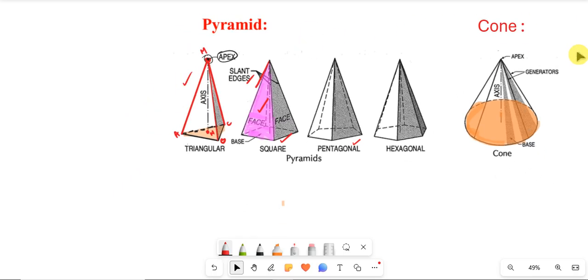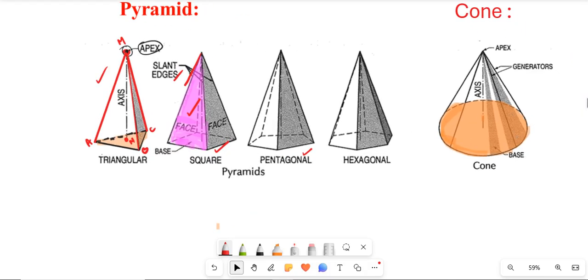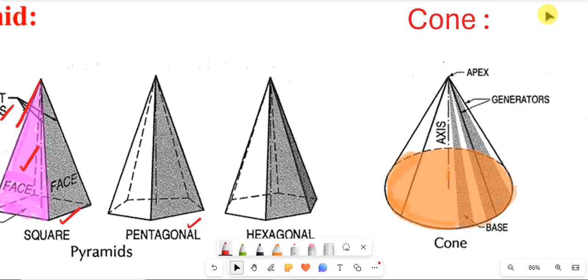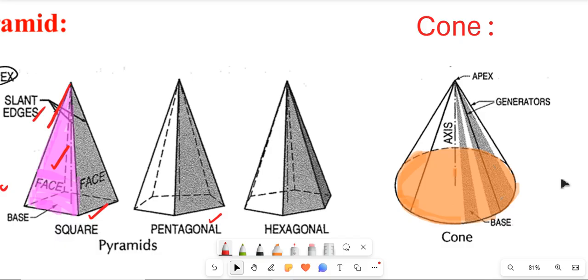Now we can compare pyramid with cone, but there is a little difference. It will not have any edges. In the case of cone, you can see it has a circular base. The base is a circular shape, whereas exactly at the center of the base, on the opposite side, the apex will be there. In reality it does not consist of any edge, but the extreme curvature is observed as an edge.